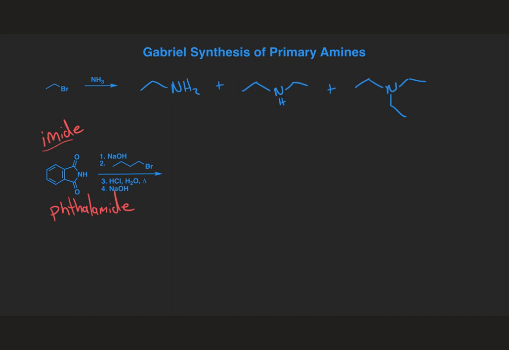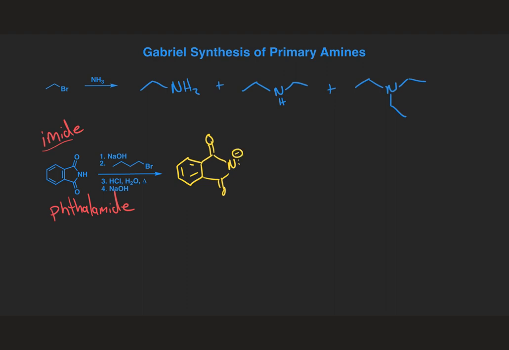So in the first step of the Gabriel synthesis, you take phthalimide and you treat it with sodium hydroxide. And that's going to deprotonate the nitrogen to give you this anionic compound.